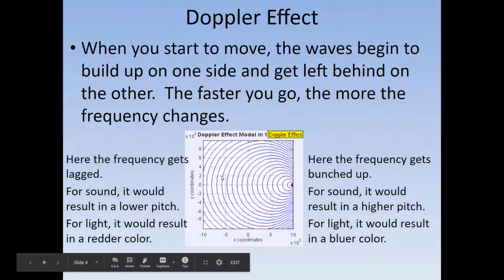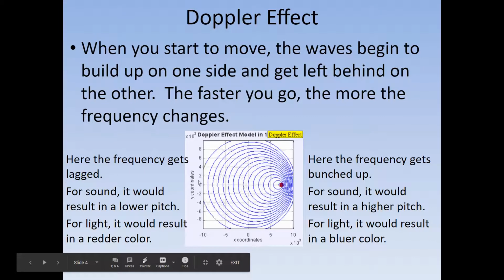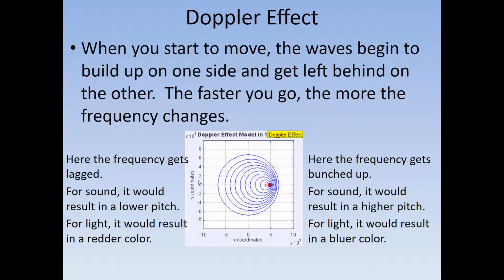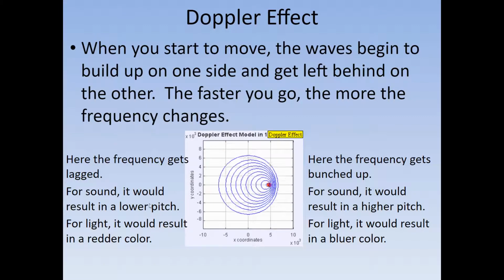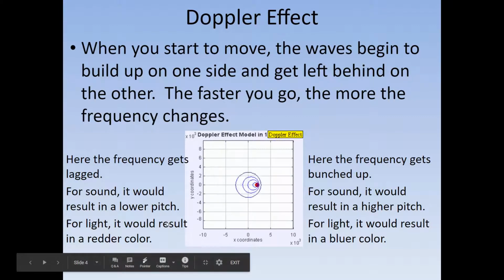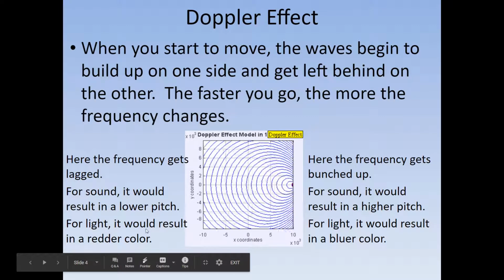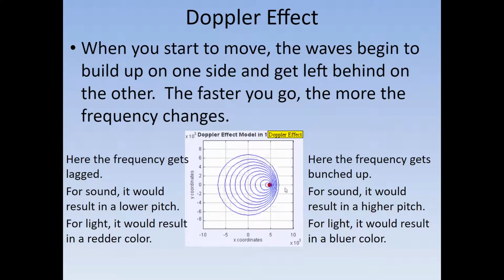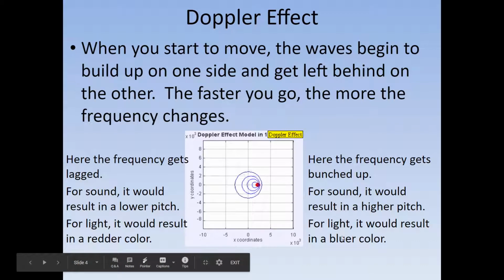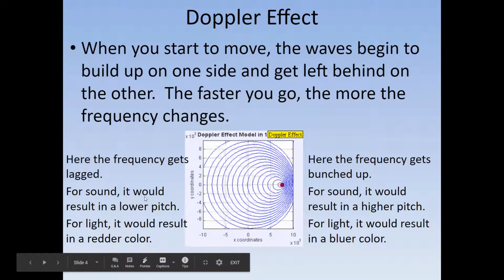Over here, where the frequency is getting smaller, where the waves are getting further apart, the sound would actually sound lower in pitch, and light would end up looking a little bit redder. Because of the effect that it has on light, we would call this effect, where it's moving towards us, a blue shift. And over here, this would be a red shift effect.